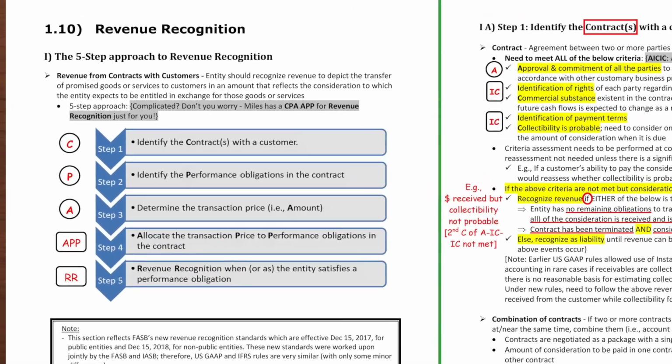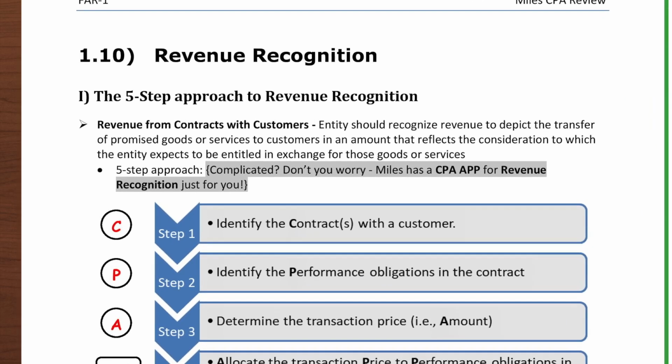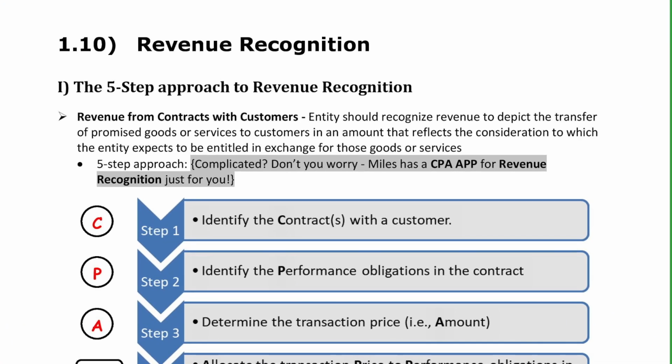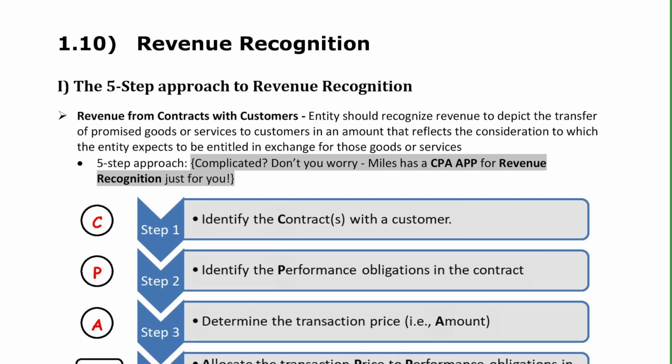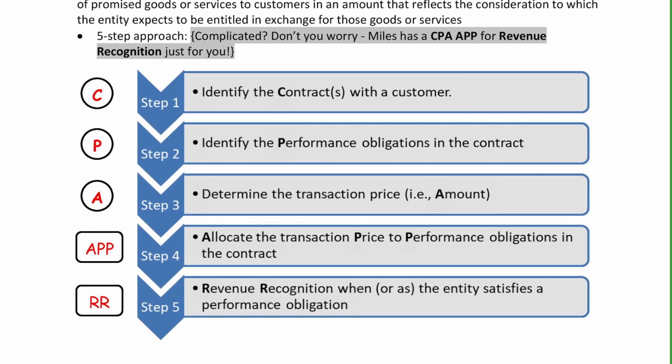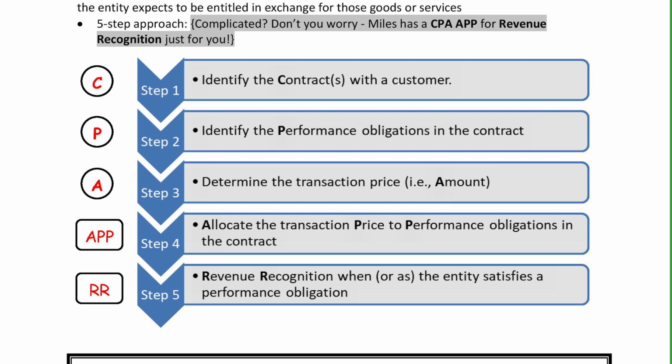Let's flip back to page 52, where we have all the 5 steps in one page. So, you know my mnemonic, CPA app for revenue recognition, where step number 1 was identify the contract. Step number 2, identify performance obligations.